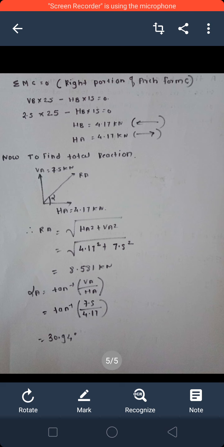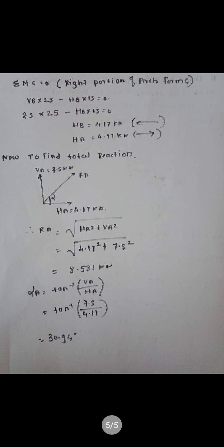Now the last step is to find the reaction RA. Reaction RA is given by the square root of HA squared plus VA squared. Here we have the values of HA and VA. HA is 4.17 and VA is 7.5. From this equation we get reaction RA.